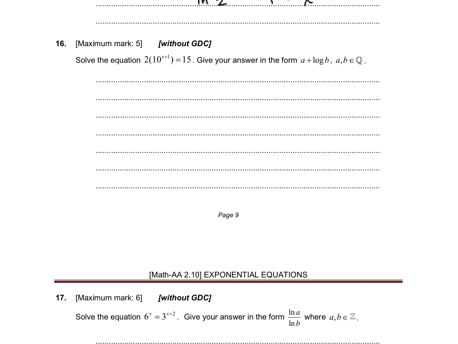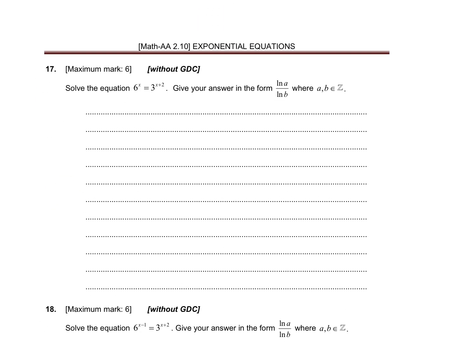So here we have to get the exponential by itself. So 15 over 2, and then we can just log base 10 each side: log of 15 over 2 equals x plus 1, and -1 plus log 15 over 2 equals x.